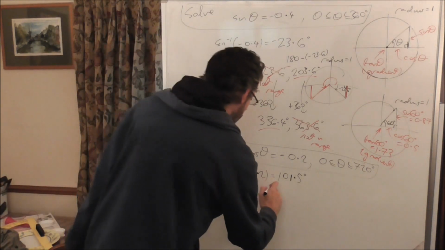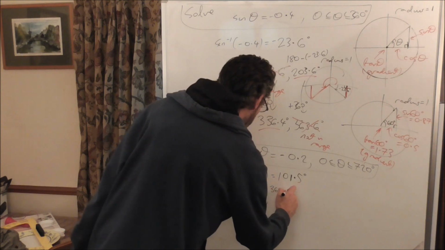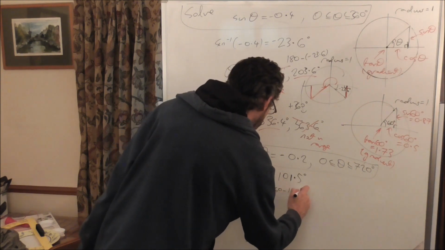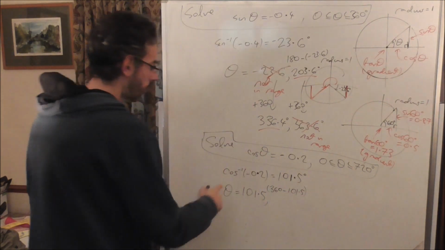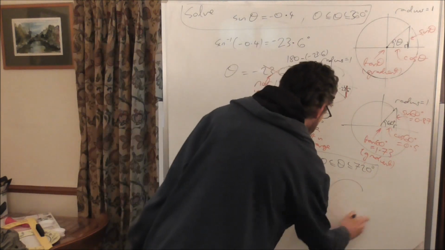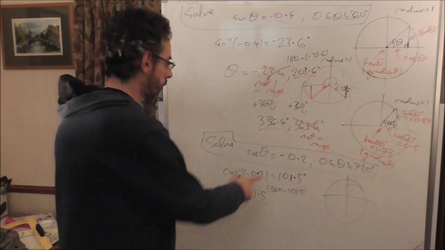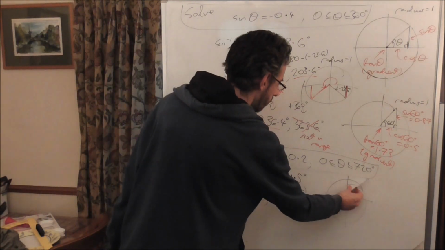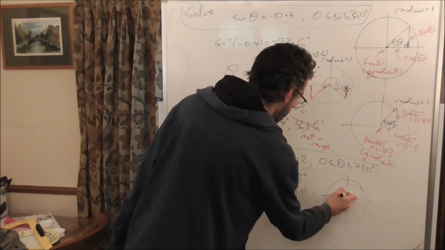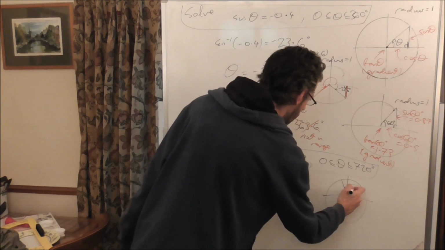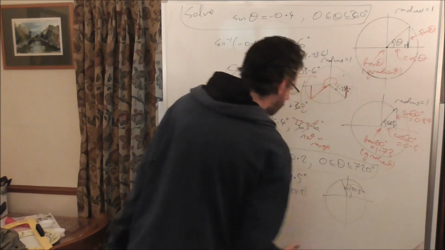Now for all the other examples, for cos, to get the second angle, we subtracted from 360. So is that going to work this time? Well, let me just draw a unit circle just to see if that works. 101.5 was our first solution, and where's that? Well, that's 90, it's a bit further than that. So it's about there, that's 101.5.